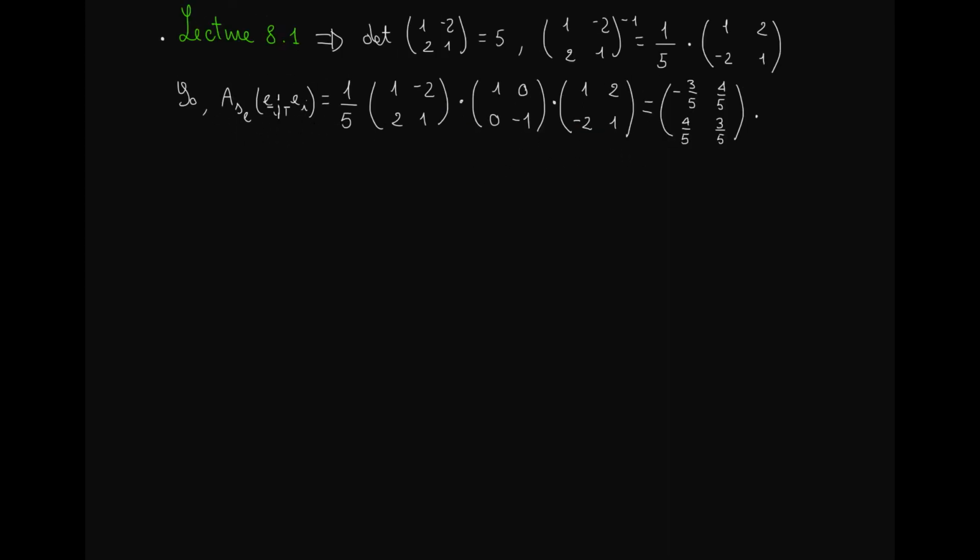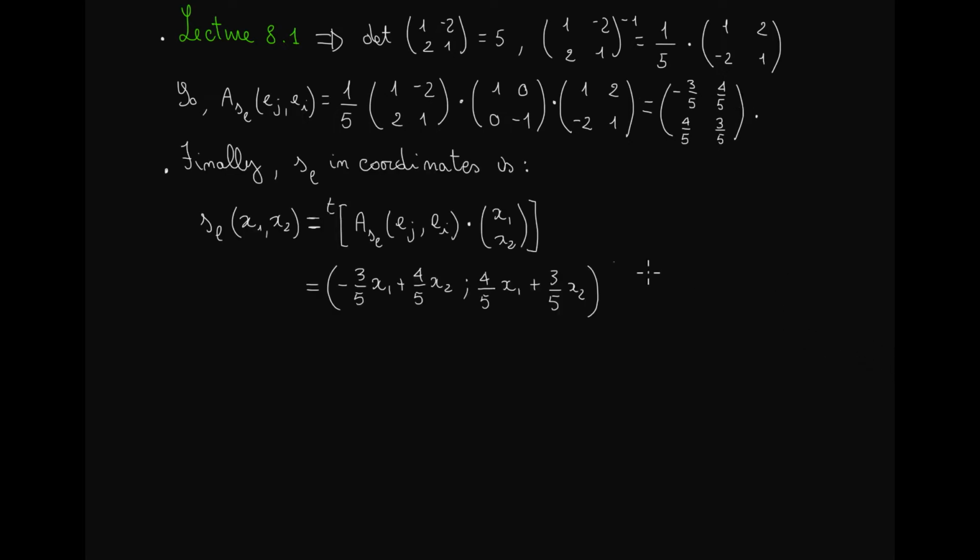From the associated matrix with respect to the canonical basis, we can immediately derive the expression in coordinates of SL. As we mentioned in lecture 9.6, we just have to take this matrix and multiply on the right by the generic vector of the domain. In this case, the domain is R2, so the generic vector will have just 2 coordinates.